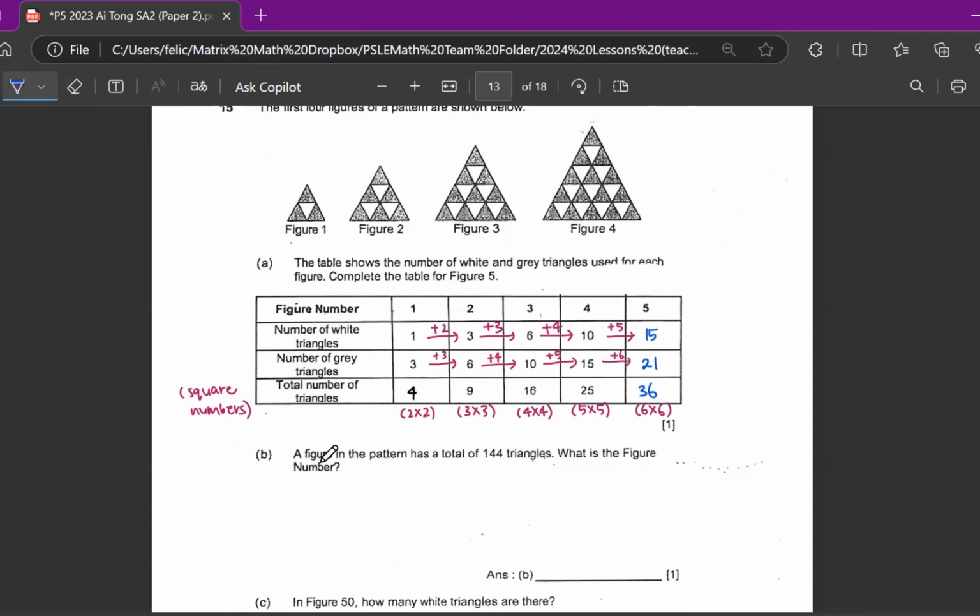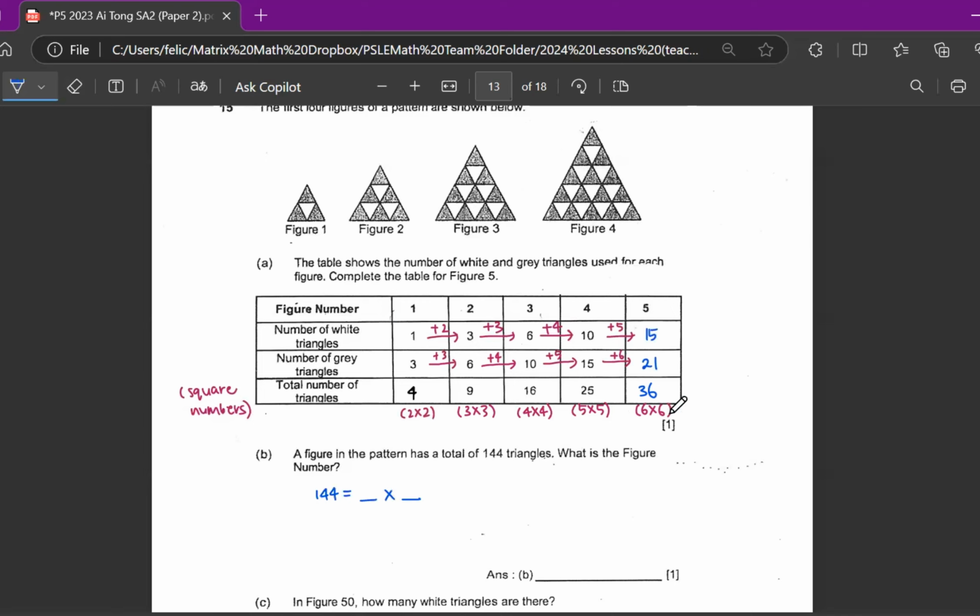Now, the next one. A figure in the pattern has a total of 144. So for the total, we can look at the last row and deal with square numbers. With a total of 144 triangles, what is the figure number? First, we have to figure out what number times what number gives 144.